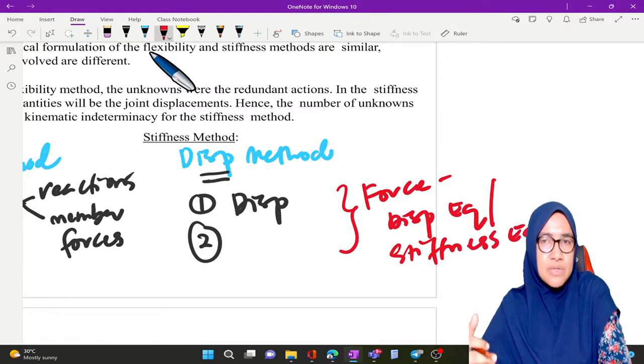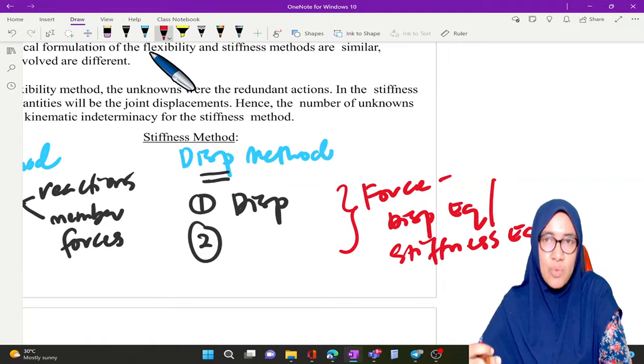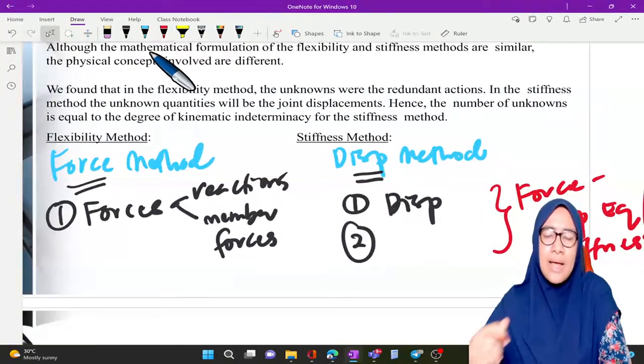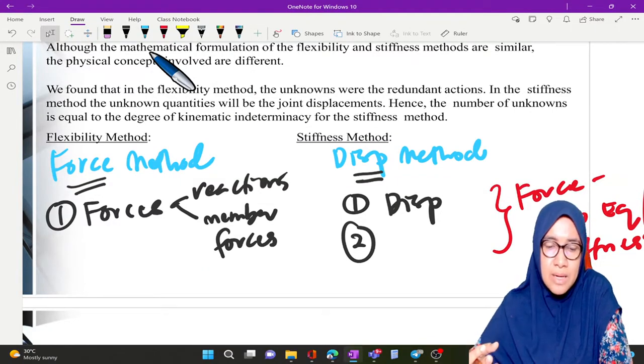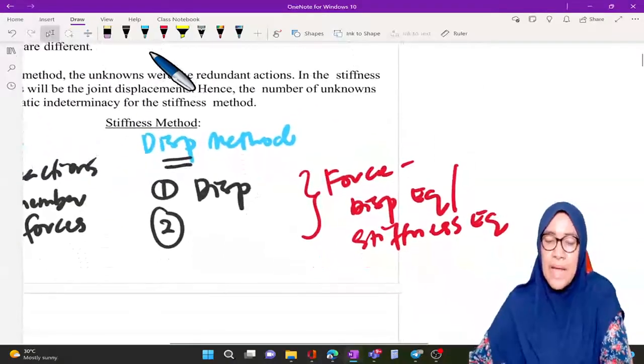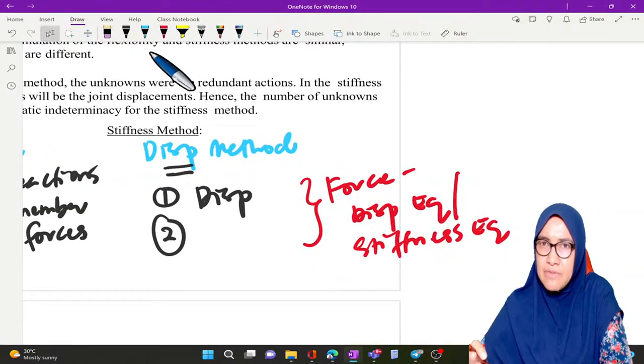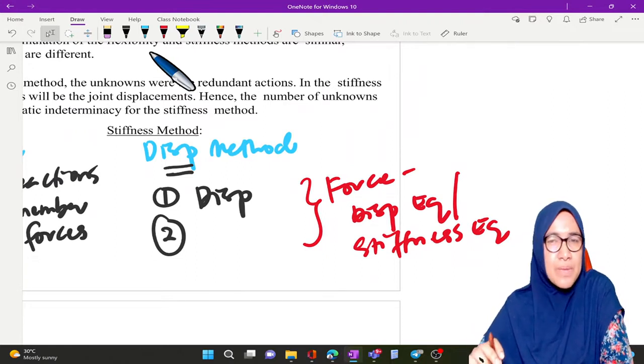It is just like the flexibility method, where the compatibility equation is actually the flexibility equation. In the stiffness method, we have the force displacement equation, and it is also called the stiffness equation.